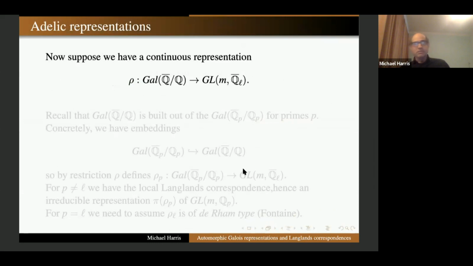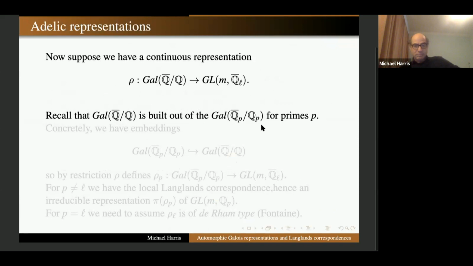All right, now we want to get back to our original problem. Suppose we have an m-dimensional L-adic representation of the Galois group. It's continuous. As I said, the Galois group of Q bar over Q is built out of the Galois groups of the local fields. What we really have are embeddings of the Galois groups of the local fields into the Galois group.